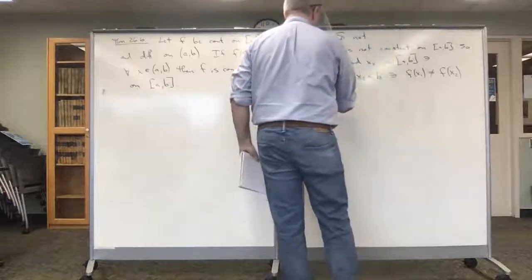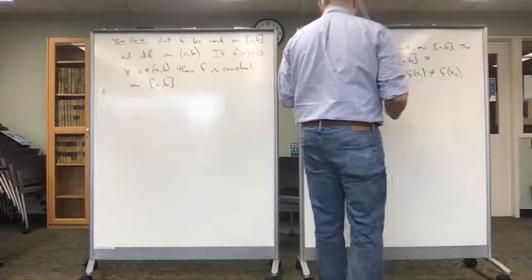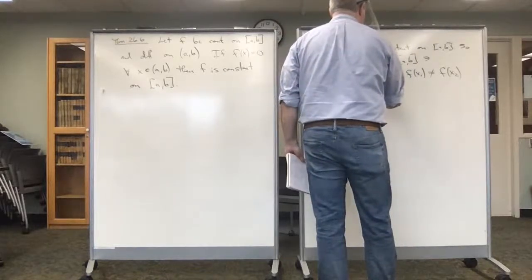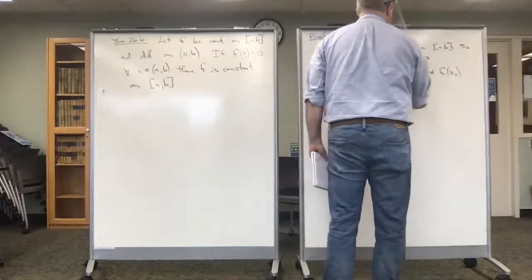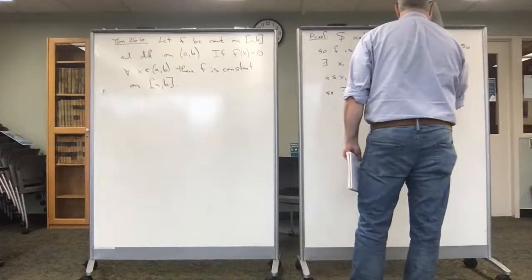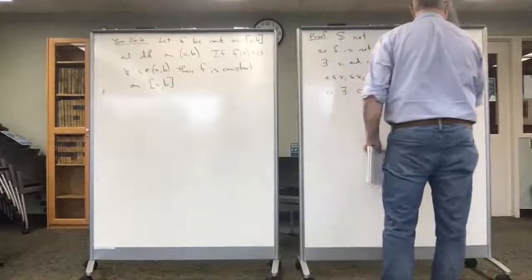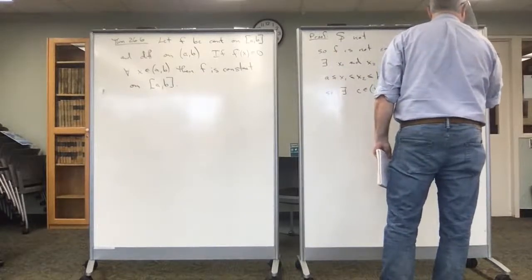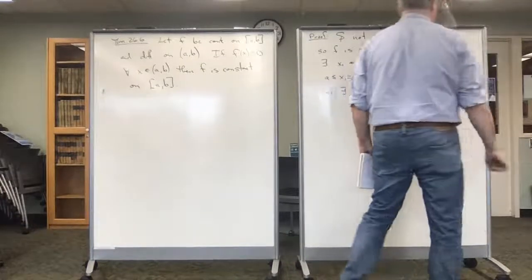So there exists c in (x1, x2) such that f prime of c is equal to f of x2 minus f of x1 over x2 minus x1.